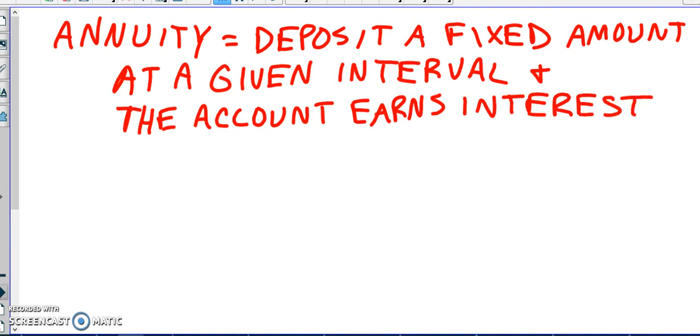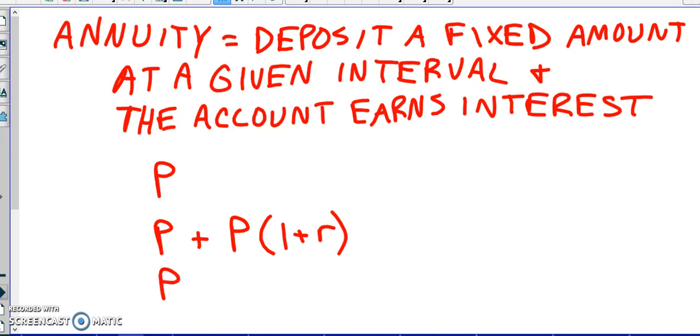So basically, if P is the amount that you put in every month or every so often, you start off by putting in the initial amount. Then you put in a new amount, and the old amount that was in there earns interest at 1 plus the interest rate as a decimal. Then you put more in, and then the first amount gets interest applied to it.